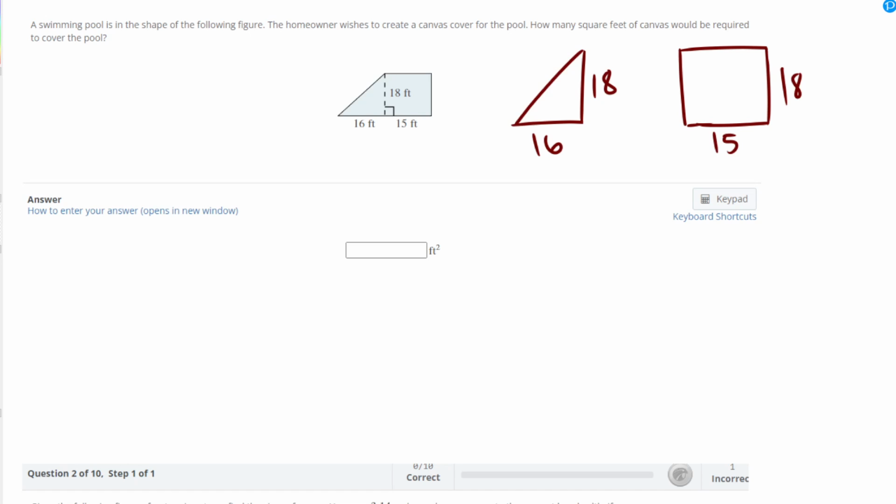So the first one, 18 times 15 is equal to 270, so 270 square feet.